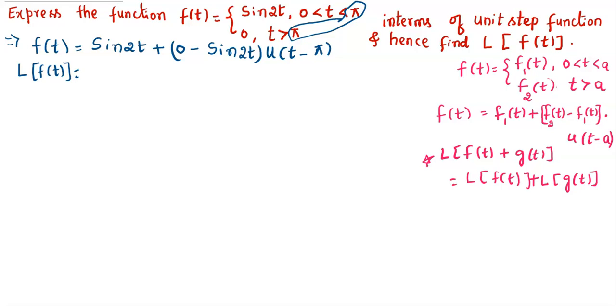Let me apply the linear property to the given function, that is the Laplace transform of sine 2t, plus, into minus is minus, the Laplace transform of sine 2t into u of t minus pi.